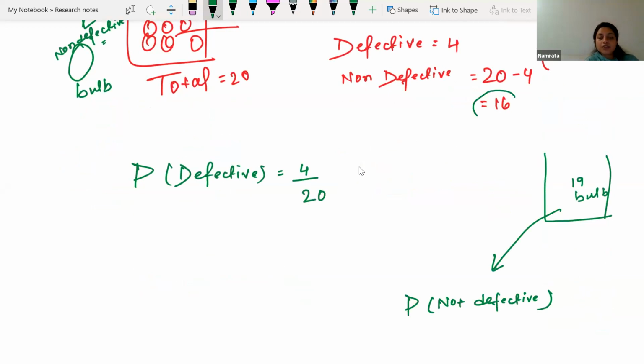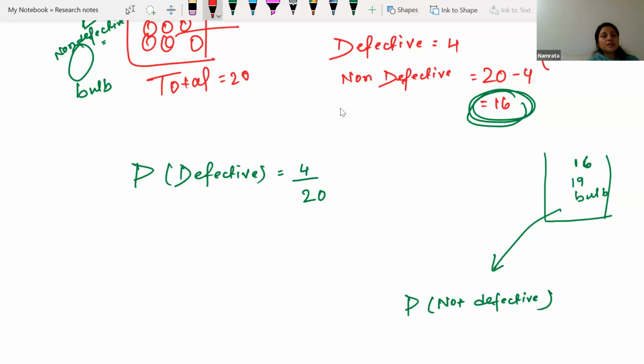How many non-defective were we having? 16. Out of 16, one is already taken out. So can I say 15 non-defective bulbs are still there?